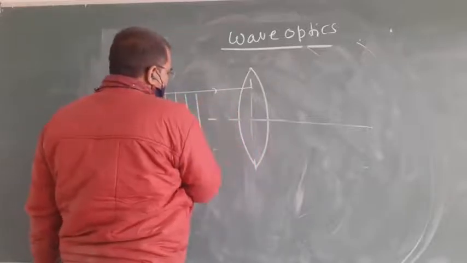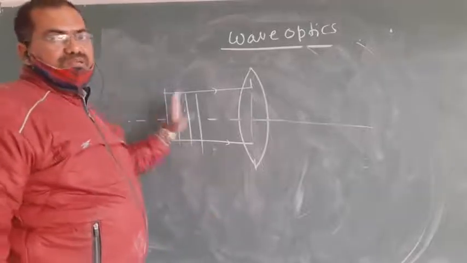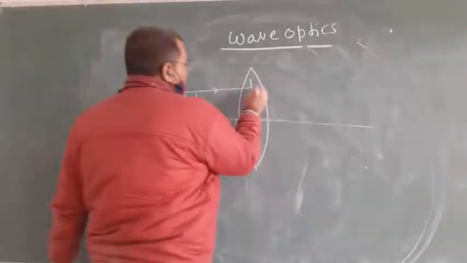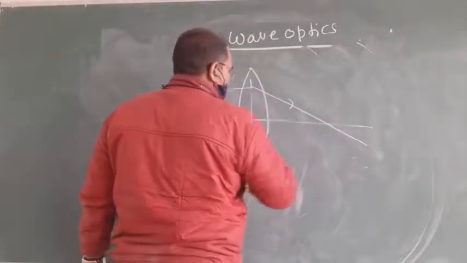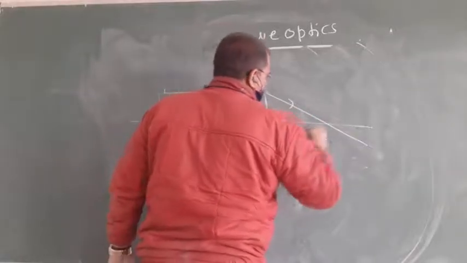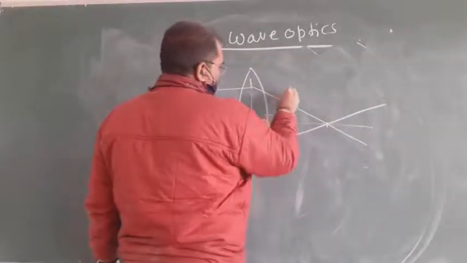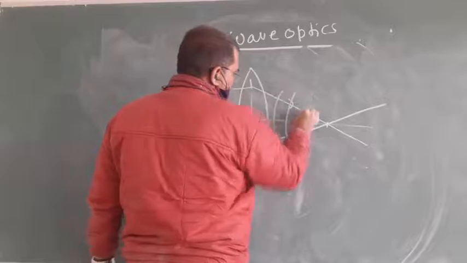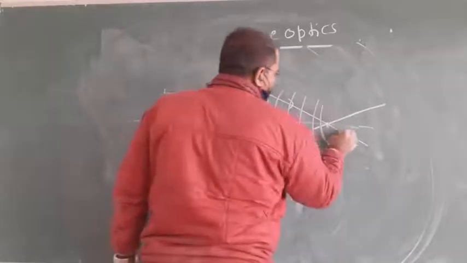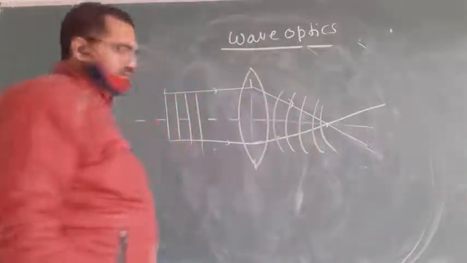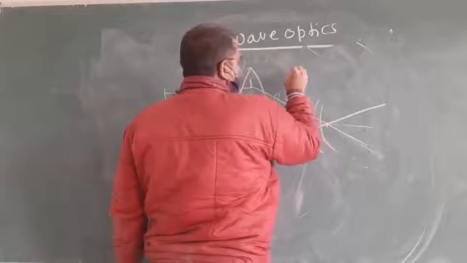Parallel rays are coming, because the wavefront is perpendicular to the rays, and after refraction, this is the converging lens, the wavefront must be spherical, like that. So this is the spherical wavefront.